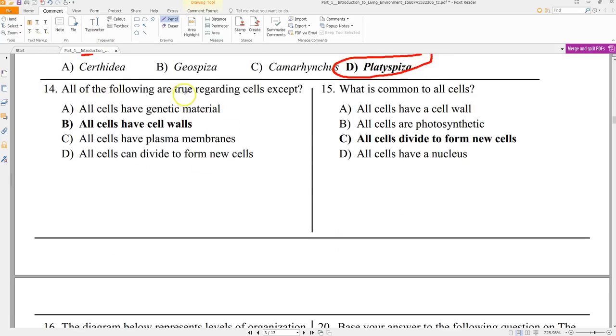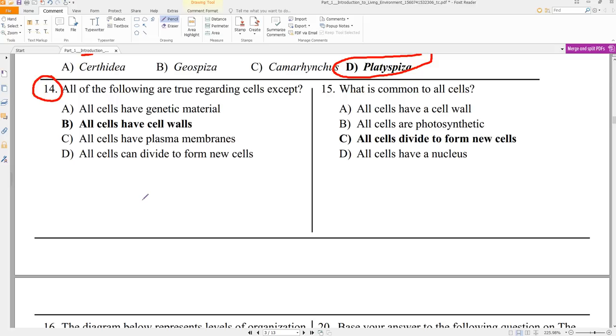Next. All of the following are true regarding cells except, so this is pertaining to the cell theory. The cell theory states all cells come from pre-existing cells. All cells come from an ancestor cell.